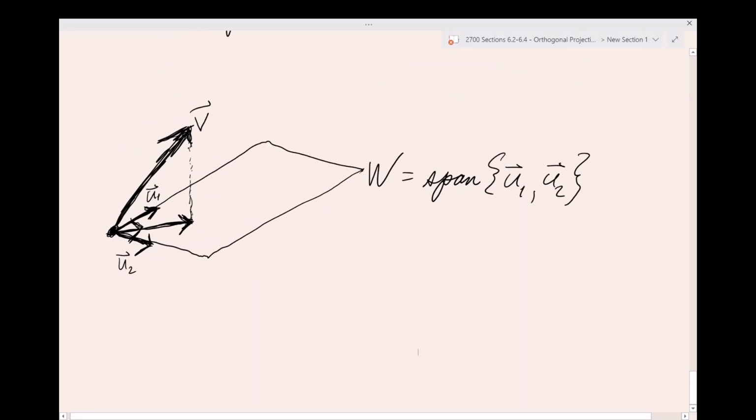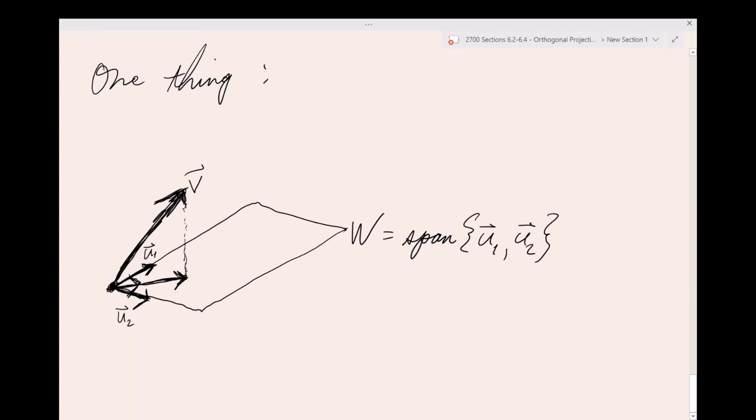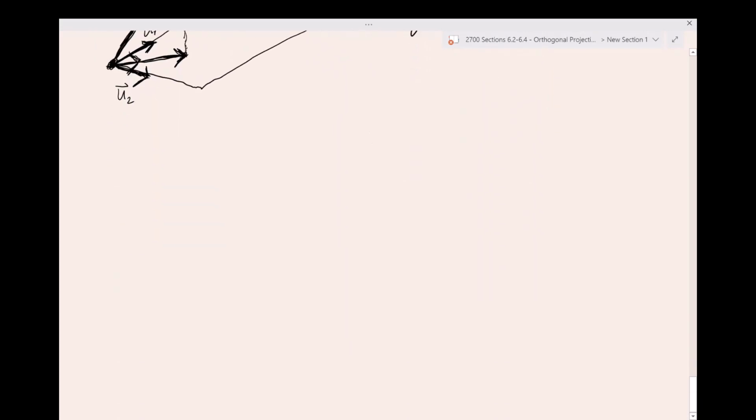So let's see what that means. Let's write this as a theorem really quick, and then I can doodle some more pictures.